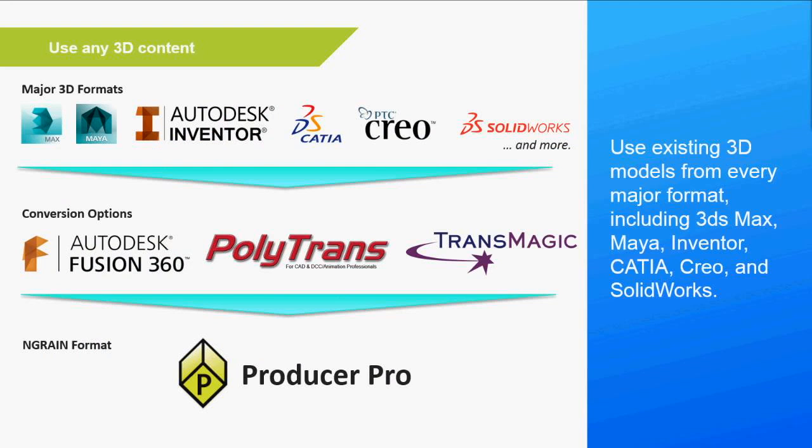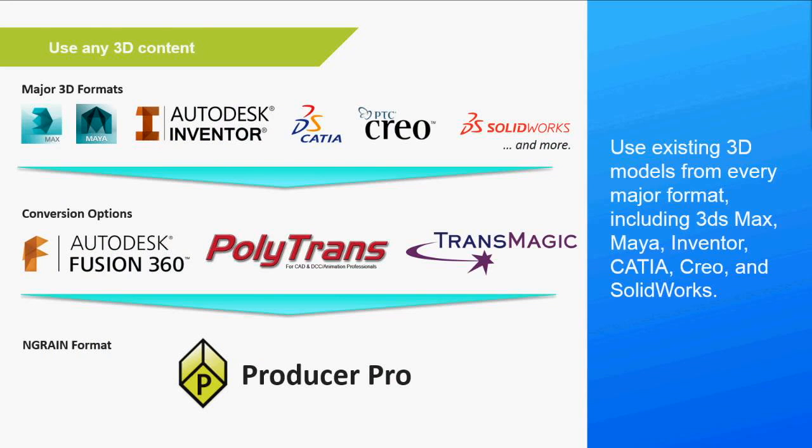So for everything you do, you need some 3D content. And you can use your existing 3D models from every major format, including 3ds Max, Maya, Autodesk Inventor, CATIA, Creo, SolidWorks, and more. That's by no means the only options. And then from there, you need to go through a conversion process.